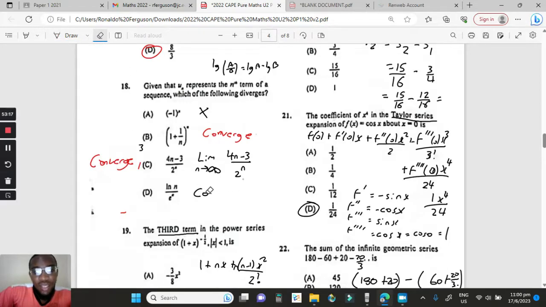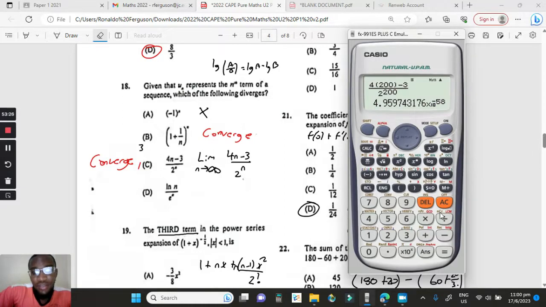So the only one that can diverge would have to be the last one, but I want to see if there's something wrong with the question. The last one, we're testing log. Let's use 200 first. Log 200 divided by e raised to the 200.